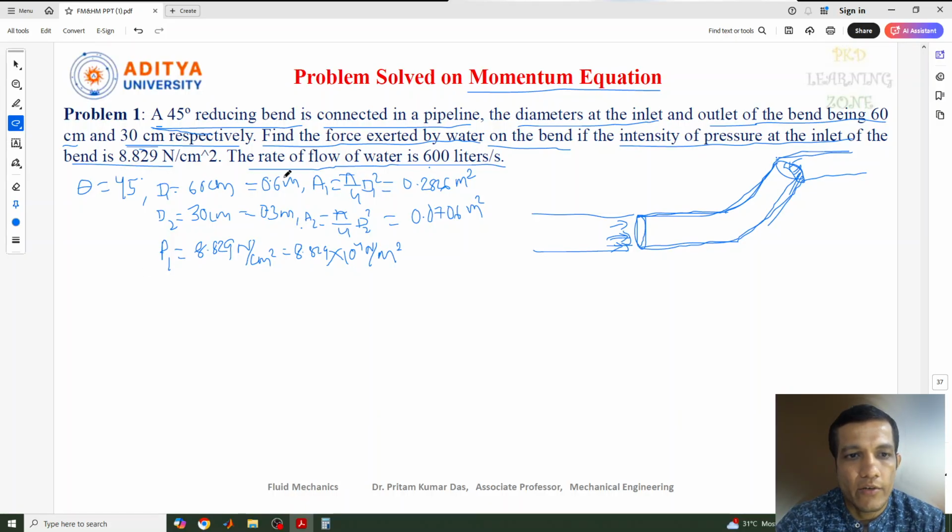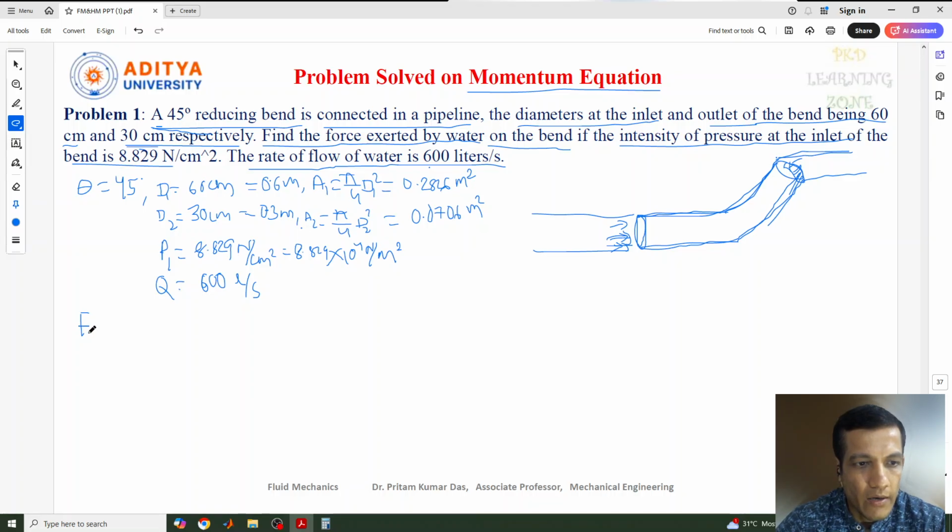One more thing, the rate of flow Q is also given here, 600 liter per second. What we need to calculate is the force exerted by the water.